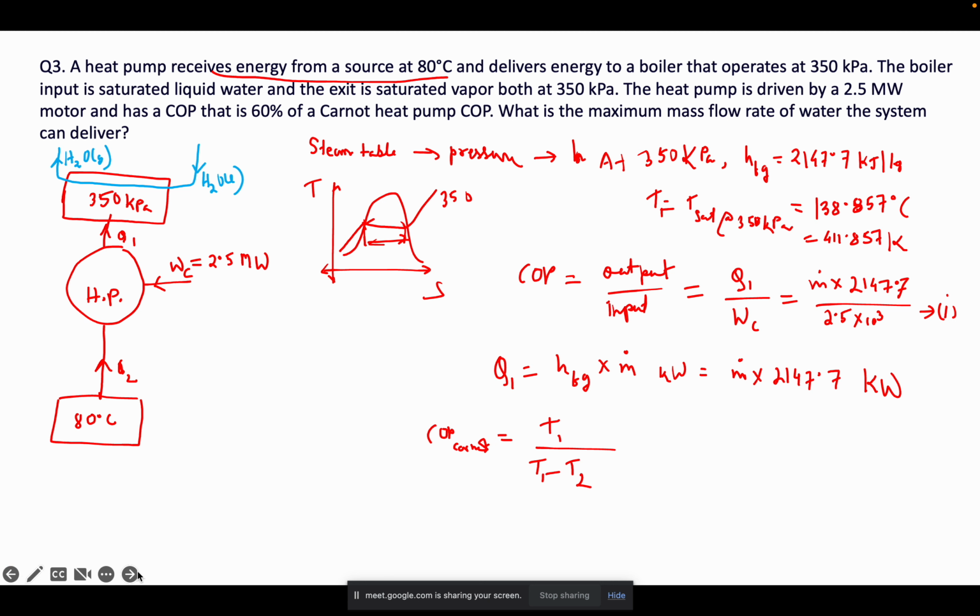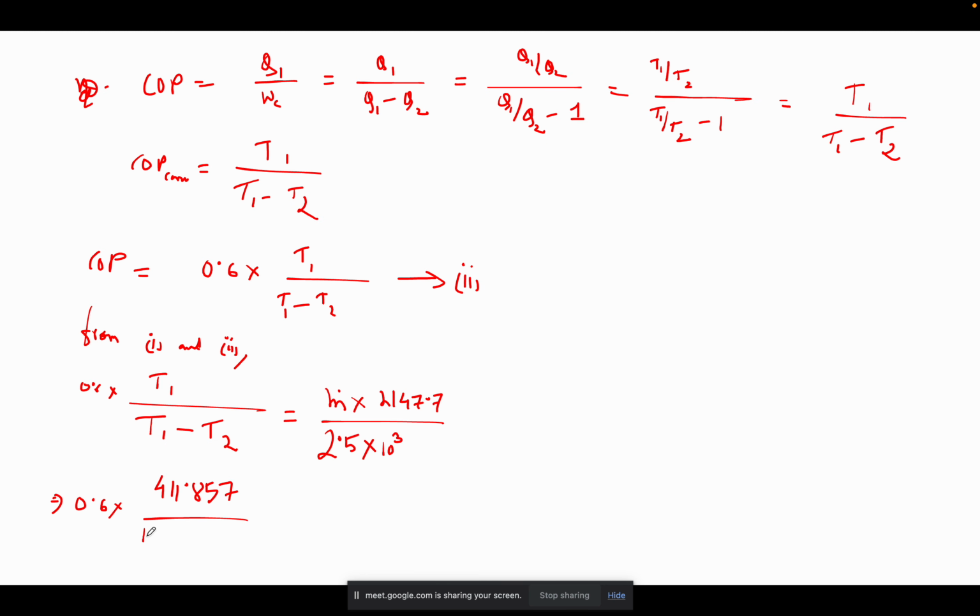So this will be basically 138.857 minus 80, and this will be m dot into 2147.7 divided by 2.5 into 10 to the power 3.